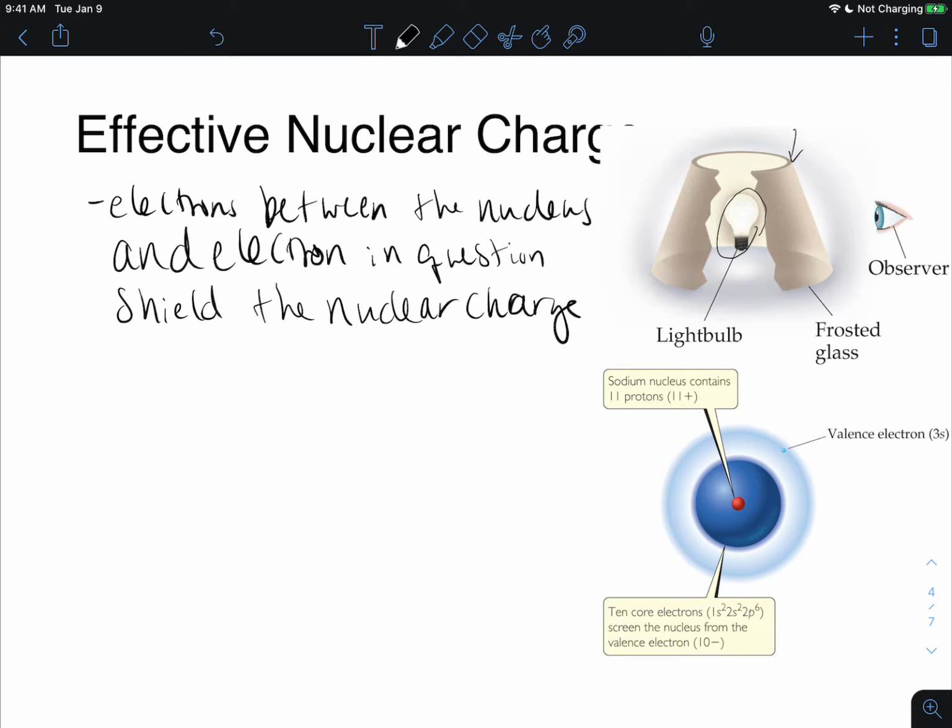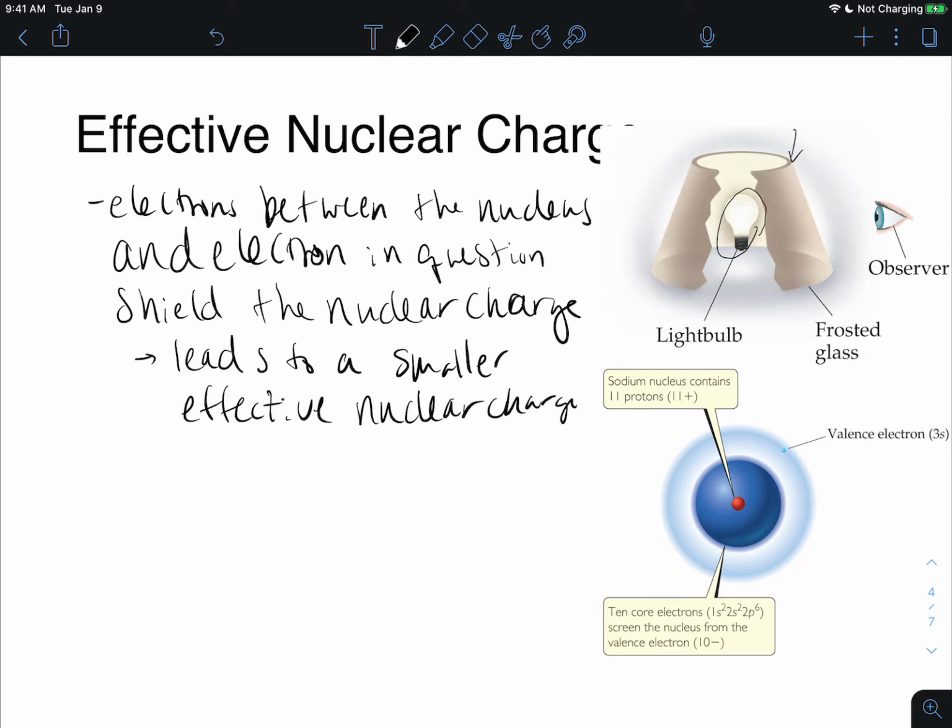Okay, this will lead to a smaller effective nuclear charge. More electrons in the way, the smaller our effective nuclear charge is. We call this screening of the nucleus. Okay, and it's by the electron itself.